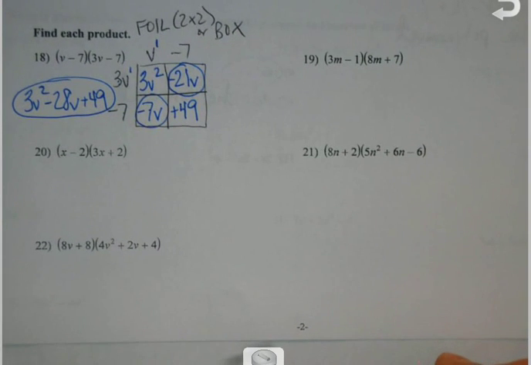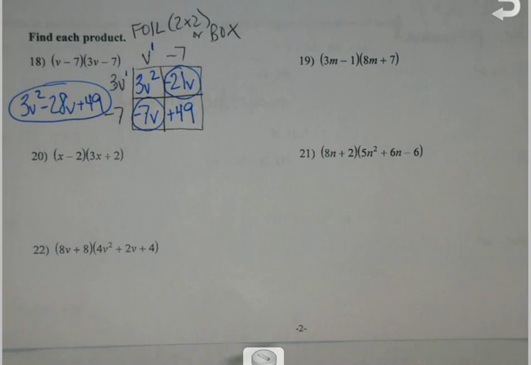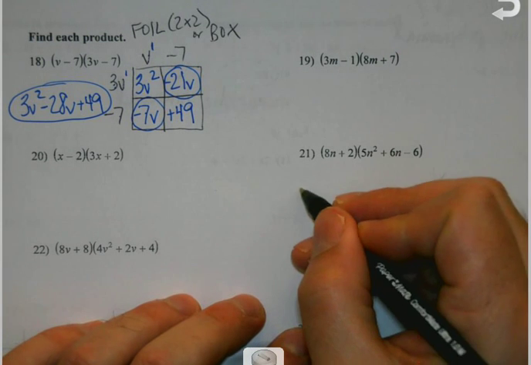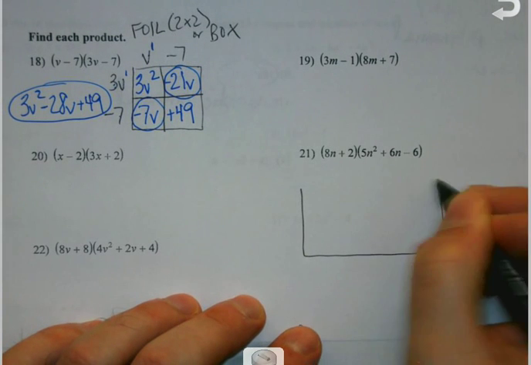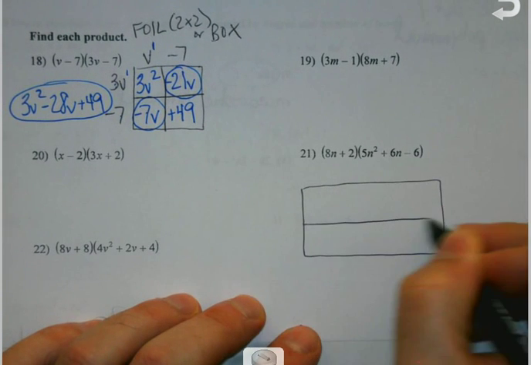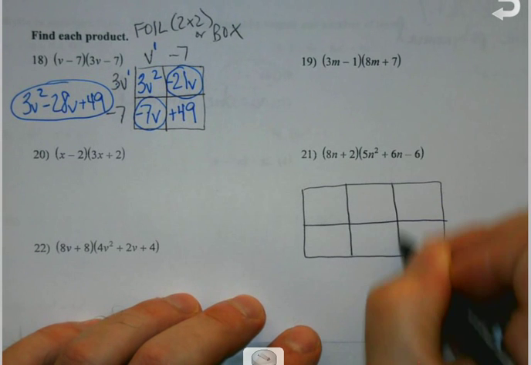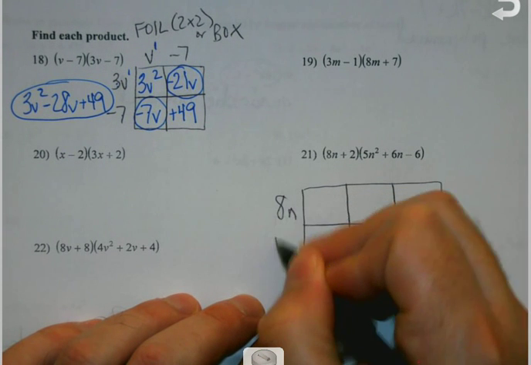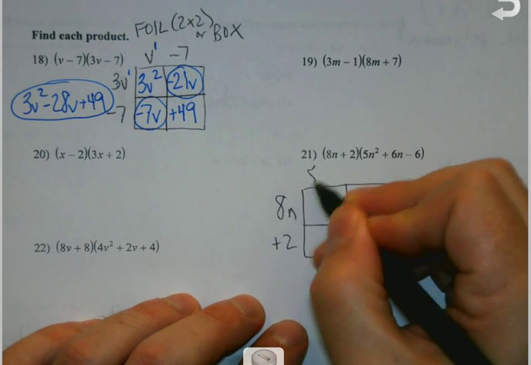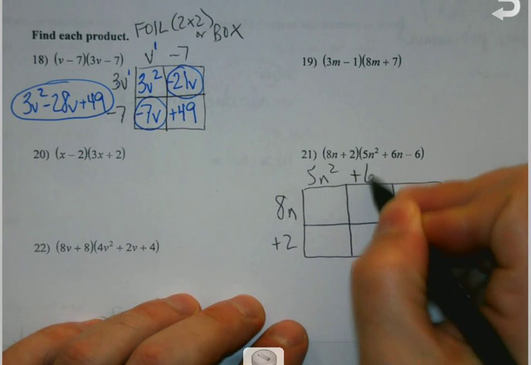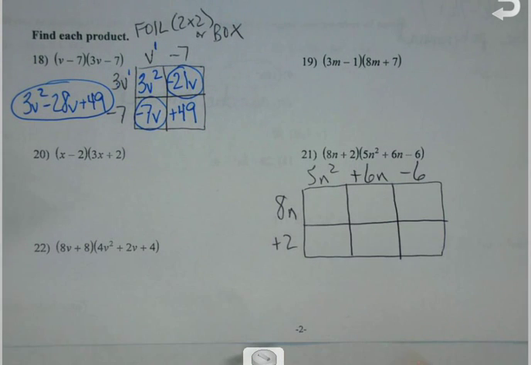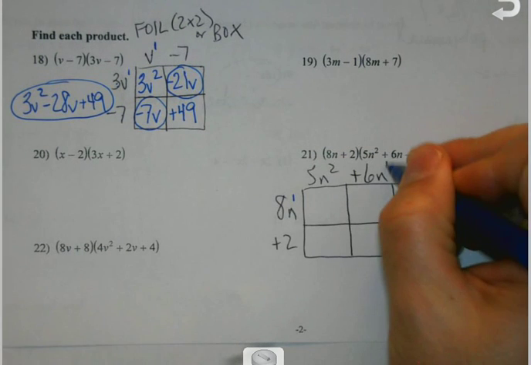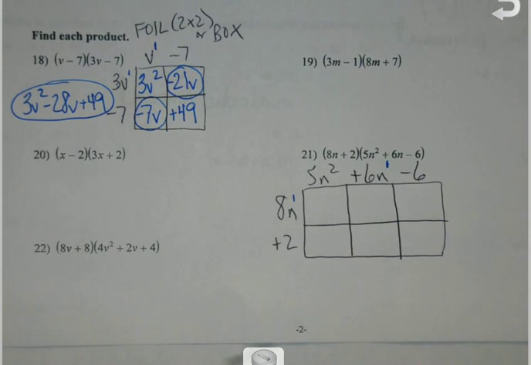But 21, like I said, I'm really not going to speak much to other options, because this is so nice in organizing your like terms and making sure you're not forgetting anything that I really, to be perfectly honest, couldn't understand why you wouldn't use this. So again, it's all about multiplying the edges, and I like putting my one exponent on there just so I don't forget about it.